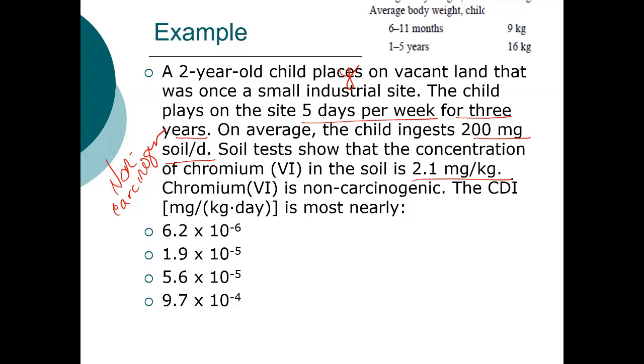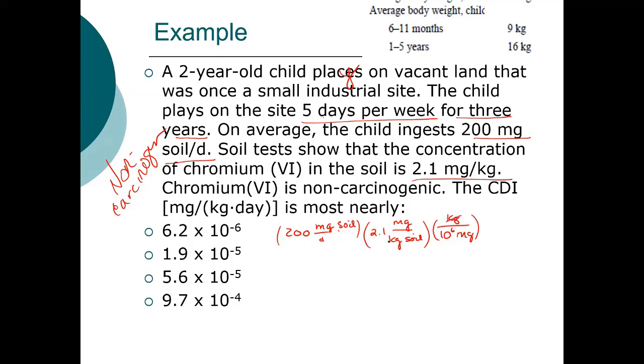So now when you're looking at the averaging time, you will average using the exposure time, not the lifetime. So 200 milligrams per day, and that's milligrams of soil that's consumed. Concentration of 2.1 milligrams of Chrome 6 per kilogram of soil, milligrams and kilograms, so we need to convert here.